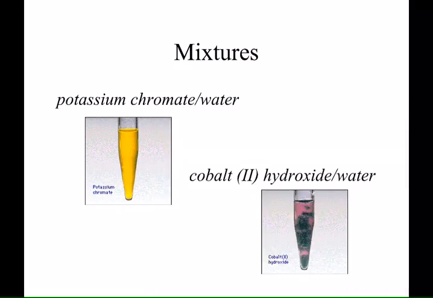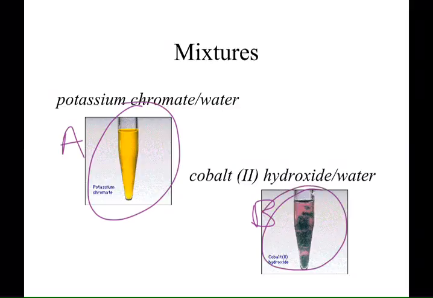So here we have a couple of mixtures. If I told you that this is mostly water, for instance, you'd say, well, something's coloring that water. So it's water and something else. We'll call this one A and this B. This is also kind of a water-based situation.